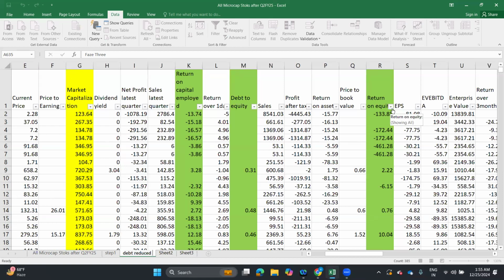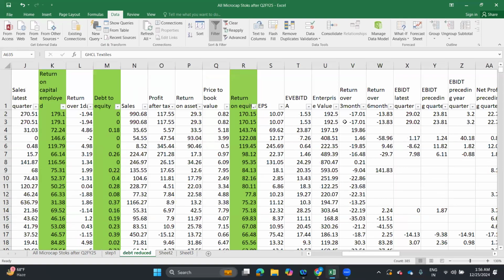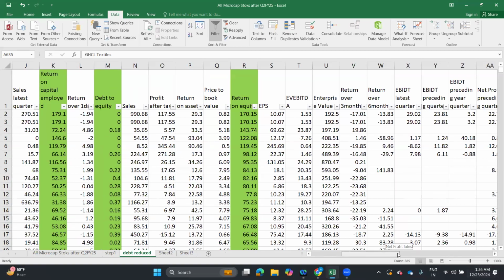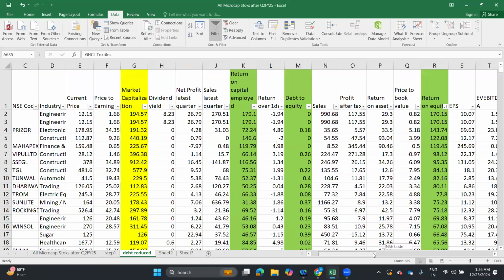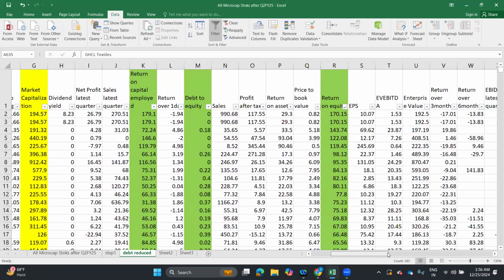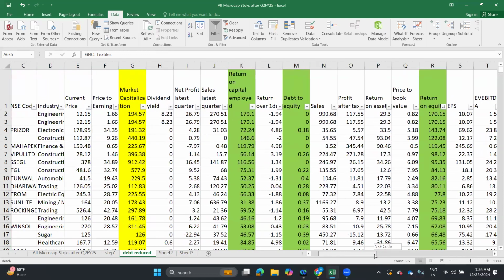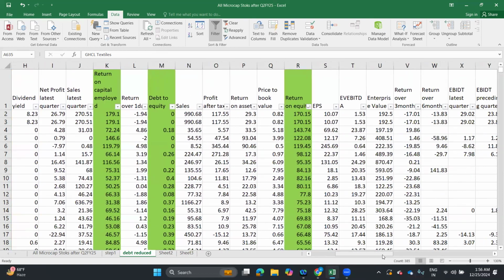So stocks having ROE more than 20%. Let me make it largest to smallest. Return on capital employed, return on equity. So I don't understand return on equity 170%.